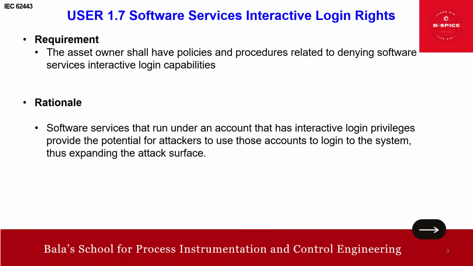The software services that run under an account that has interactive login privileges provide the potential for attackers to use those accounts to log into the system, thus expanding the attack surface. You got it, friends? I repeat again: software services that run under an account that has interactive login privileges provide the potential for attackers to use those accounts.